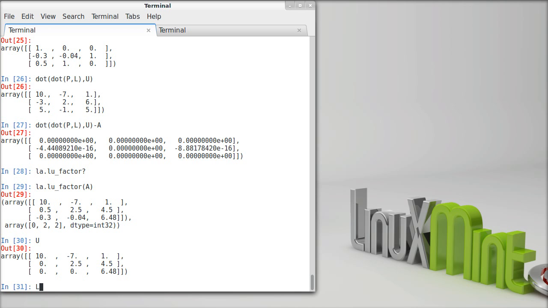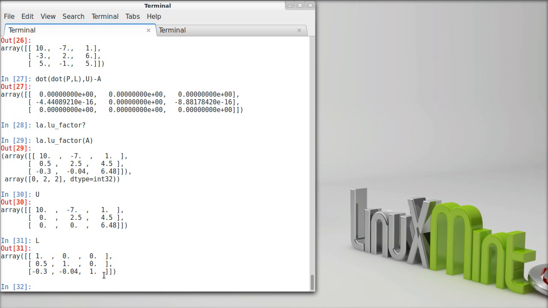Okay. The lower part is L without the ones, because we know there's ones there, so there's really no point in storing them. And so these three values here, 0.5, minus 0.3 and minus 0.04, are L. Okay, all stored in one matrix, so now we haven't wasted any space. And the permutation matrix is stored in this form.